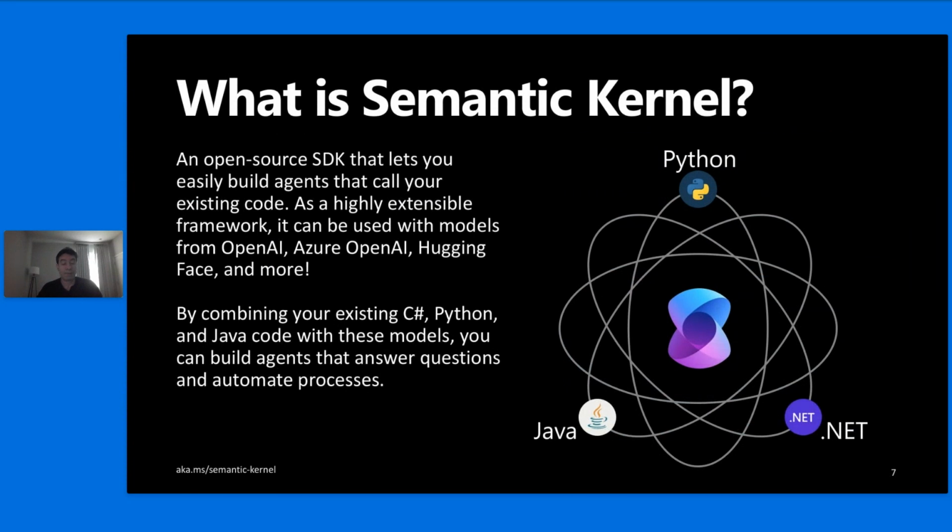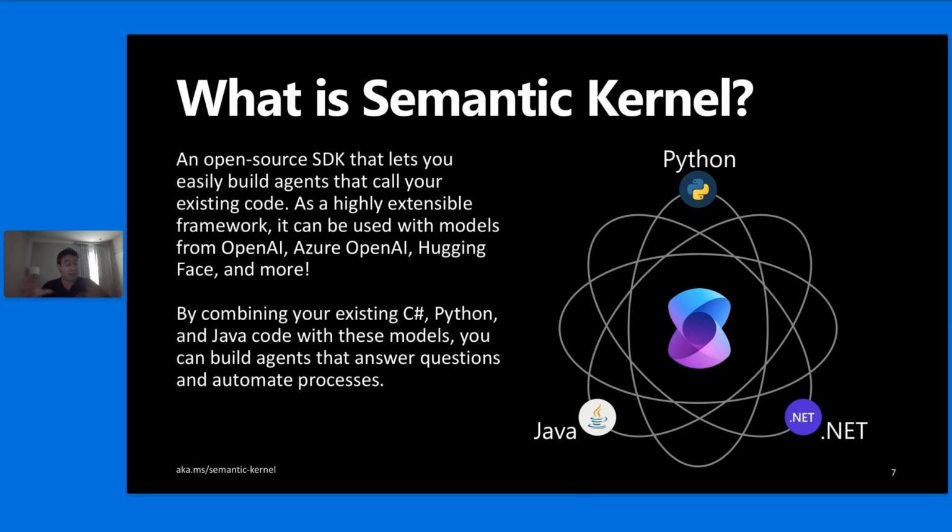Semantic Kernel, like I said before, is an open source SDK. I'm not gonna read this, but I'm gonna tell you my own idea about this. You use Semantic Kernel to easily connect your application with the AI. That's all.